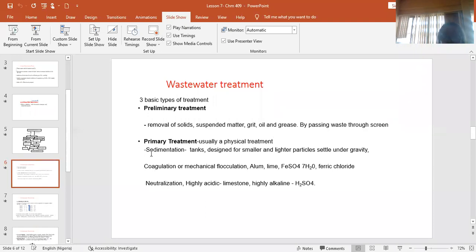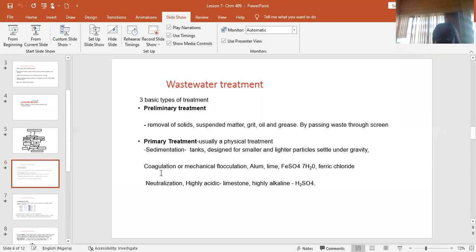Also, coagulation is another physical treatment, and it's a primary treatment. We add alum for coagulation, just like we added alum during water treatment. What it does is that all the lighter particles that were not removed during sedimentation will now settle under gravity. Apart from alum, we can also use lime, and when we use lime, we have precipitates.